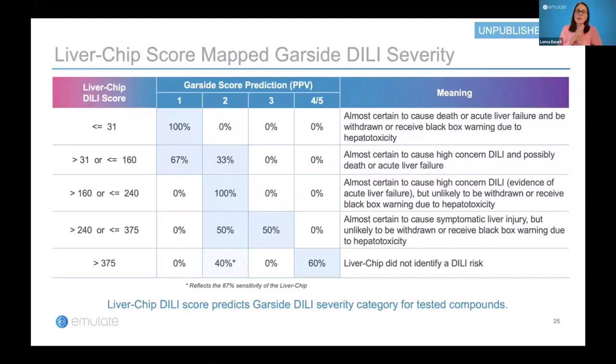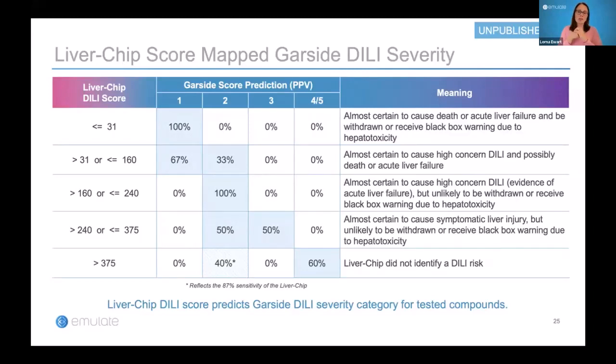And essentially what Garside described in her work, based on retrospective analysis of nearly 300 drugs actually, was that if you have a Garside score of 1, you are almost certain to cause death or acute liver failure.